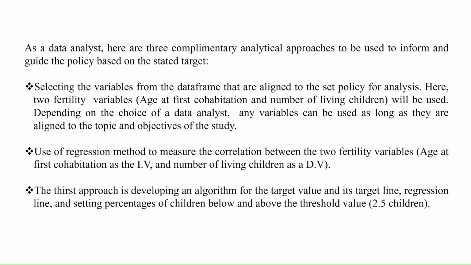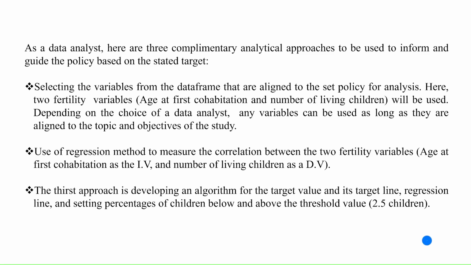The second approach is using regression method to measure the correlation between the 2 fertility variables, age at first cohabitation as the independent variable and the number of living children as a dependent variable. The third approach is developing an algorithm for the target value, and it is a target line, regression line, and setting percentages of children below and above the threshold value.